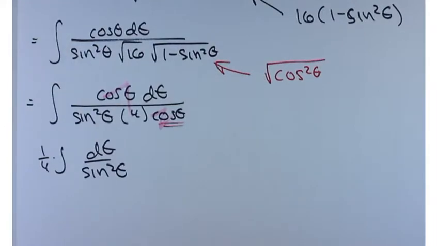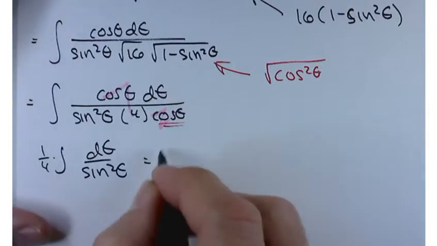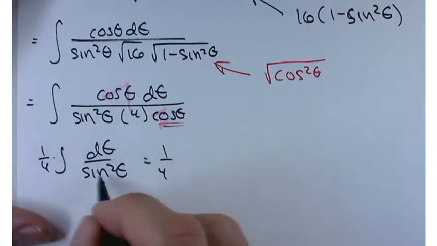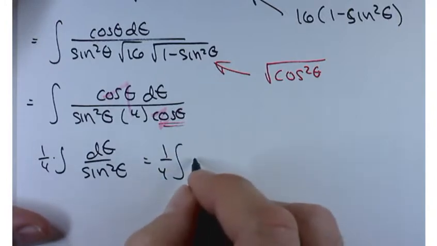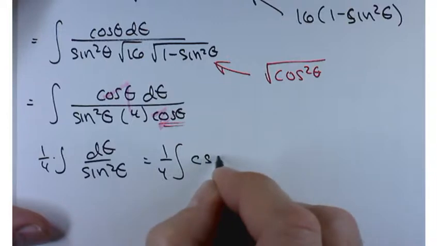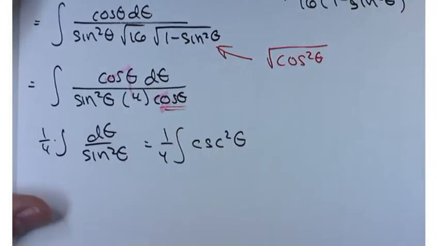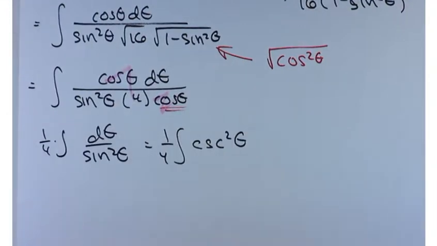And it's looking better. Not better. Does anyone remember what the reciprocal of sine is? Cosecant. Really, the cosecant squared of theta. Yes, thank you, d theta.